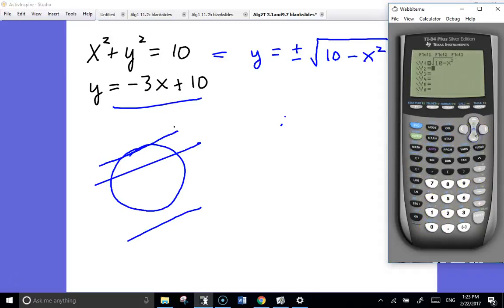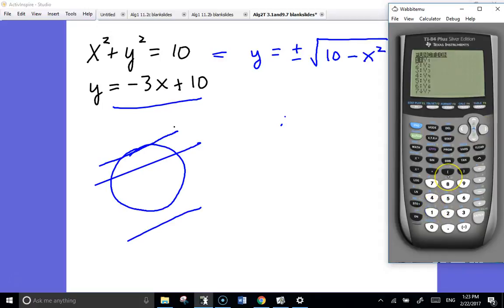Okay, now for the bottom half, I'm just going to say negative whatever I put on the first line, so I don't have to retype the first line. And sometimes the first line gets quite complicated. So this is how you do that. I put in negative, and then you see this key here that says vars, right? Hit vars, and then go over to y vars on the top margin there. And the first option says function.